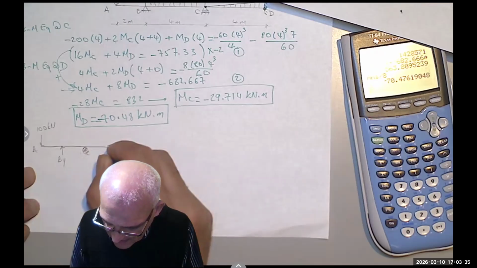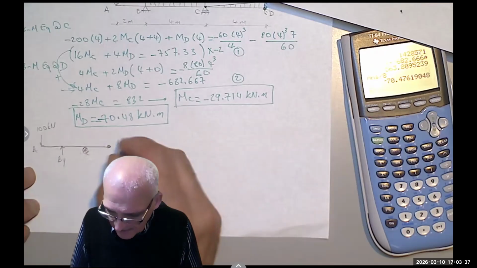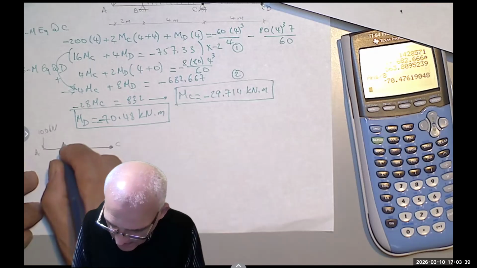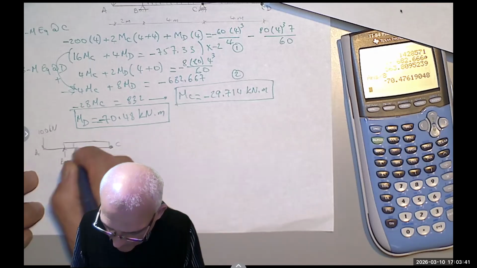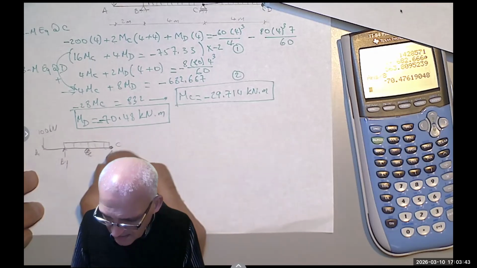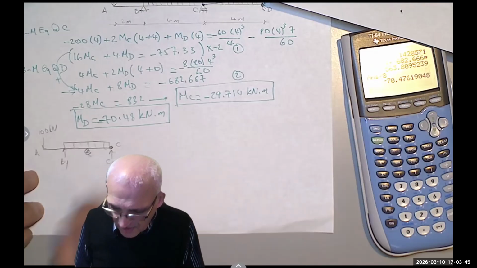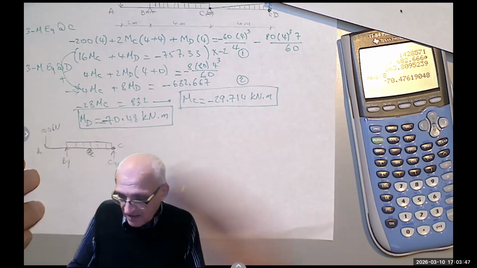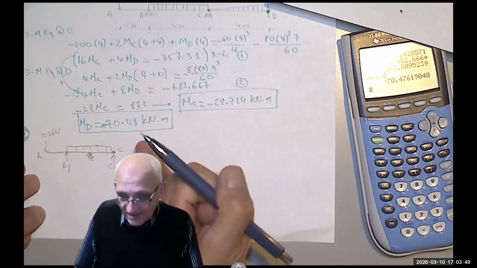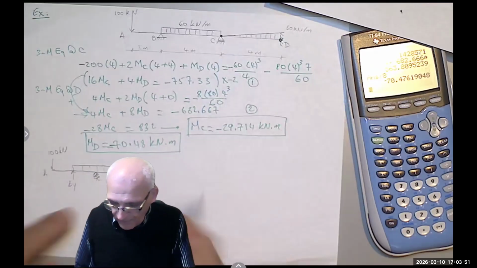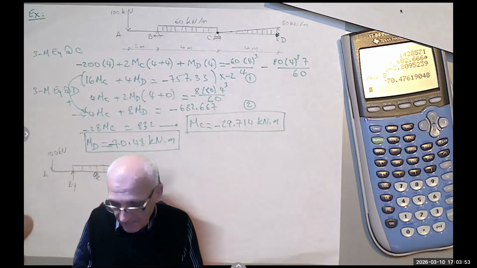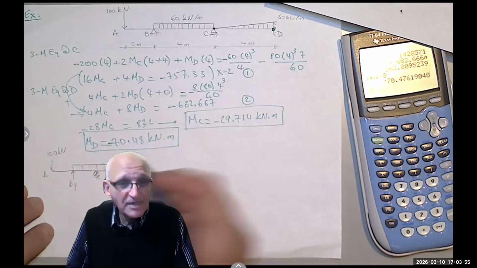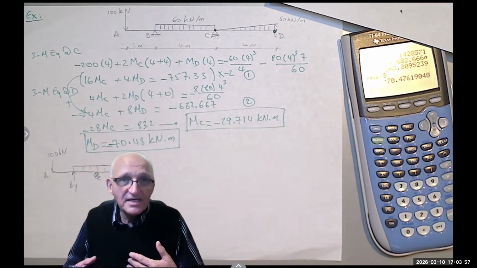And then there is C. Of course, there is Cy, but I'm not interested in it. Let's say Cy left. There is another part that comes from the right-hand side of the beam. Both of them will give me Cy if I wish. Or if I have time, I can use that to check my answer.